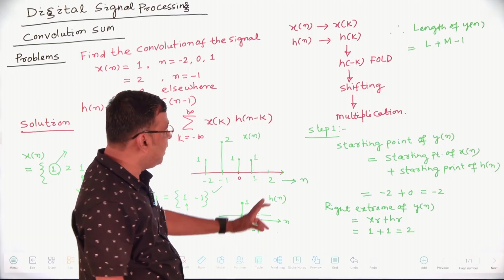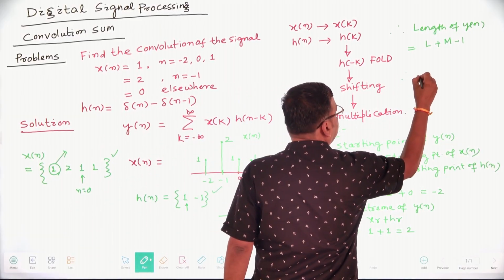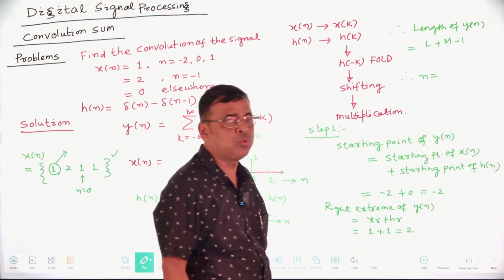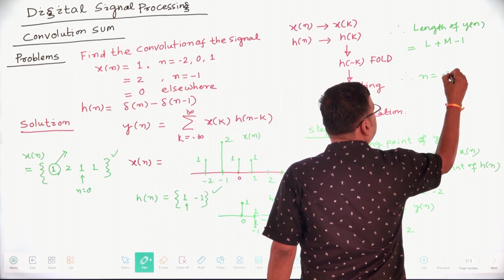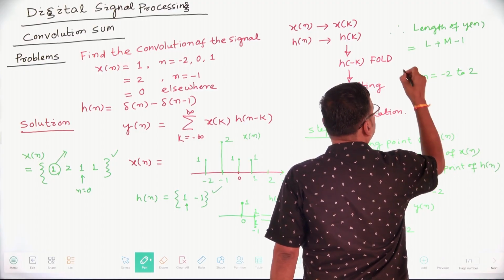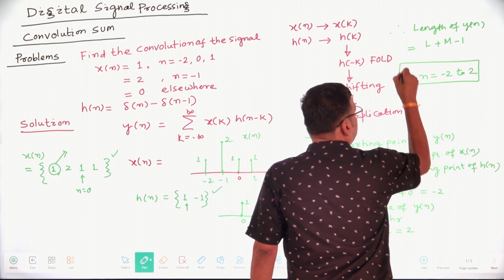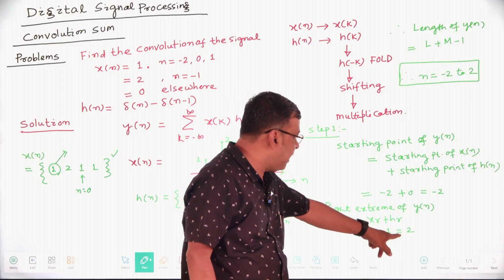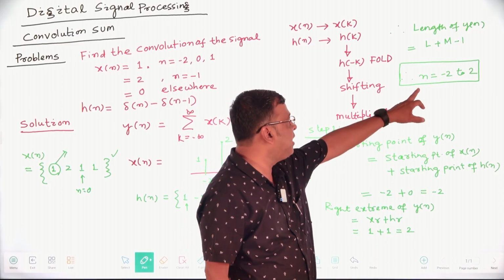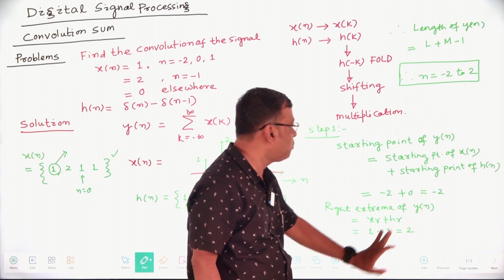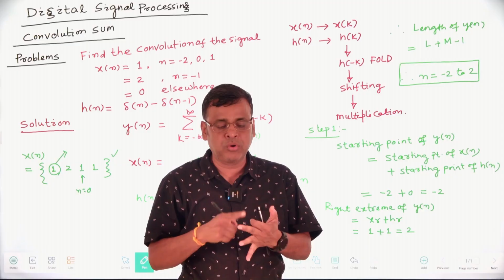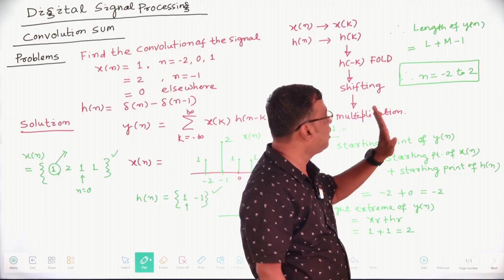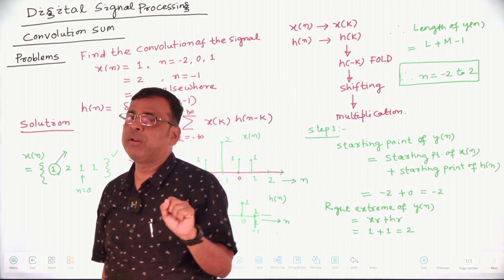That's why n varies from -2 to 2. -2 is the starting point of y of n and the ending point of y of n is 2. The value varies from n equal to -2 to 2: -2, -1, 0, 1, 2. That is 5 intervals for different values of n. We will calculate y of n.